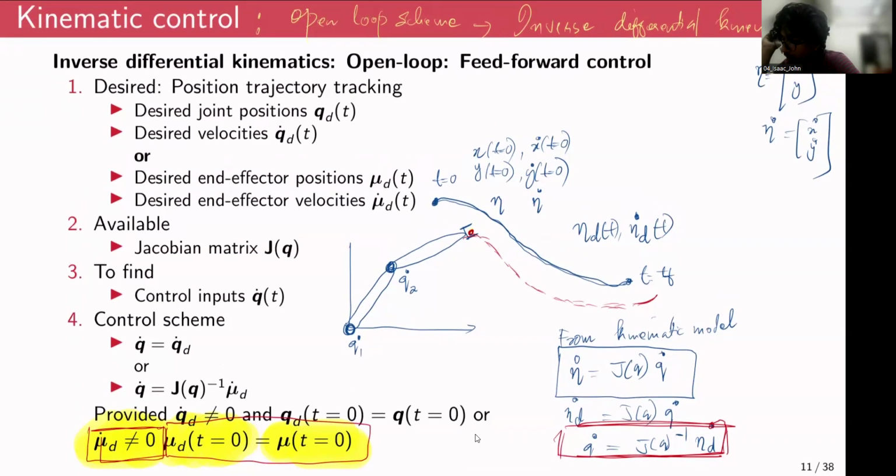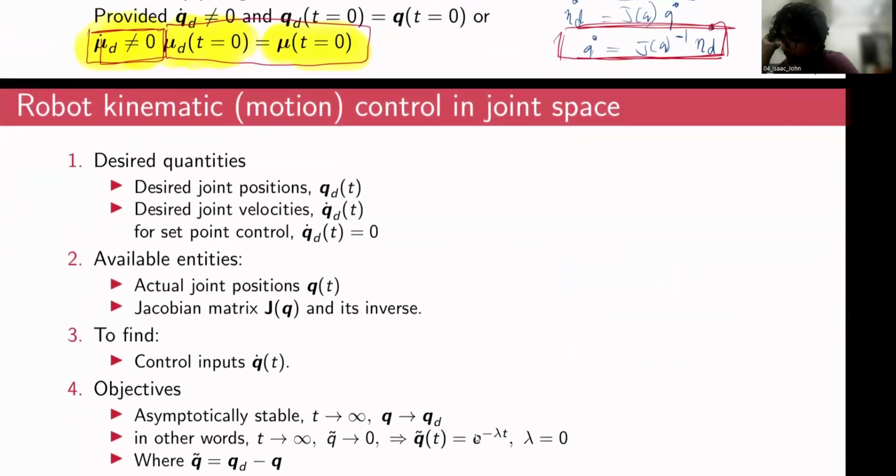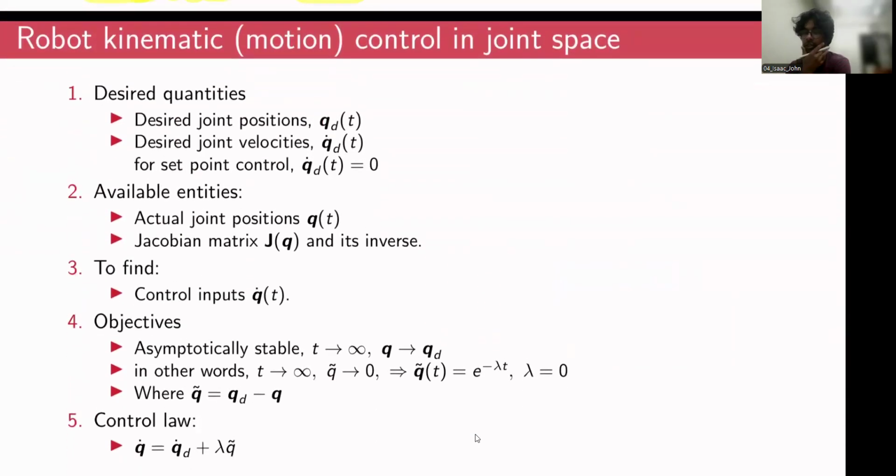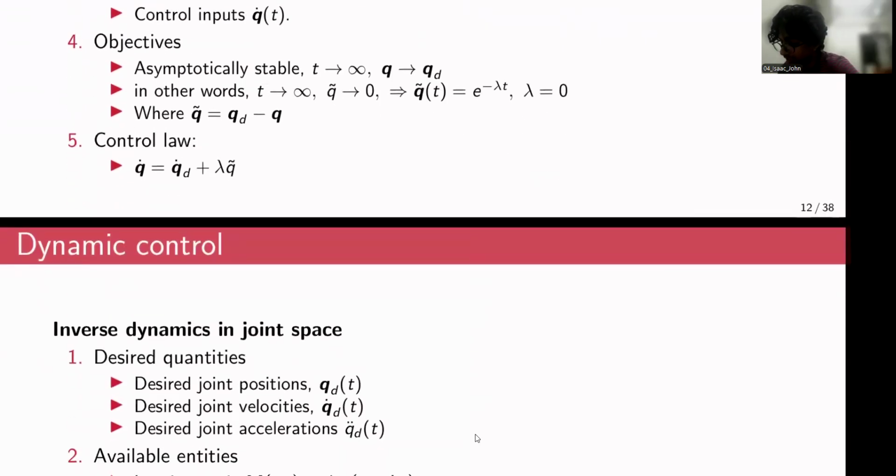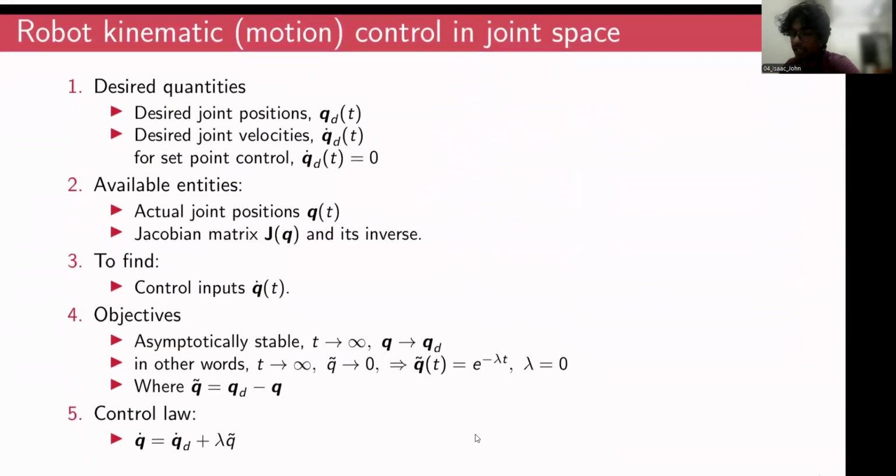Now let's move on to the closed loop scheme. So here as well, you essentially specify your desired trajectory, probably in terms of the Cartesian space, maybe eta desired of t and eta desired dot of t, right?